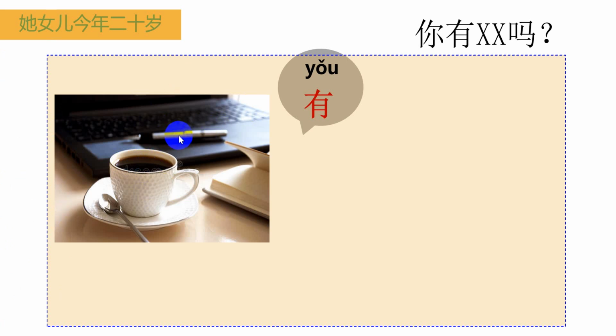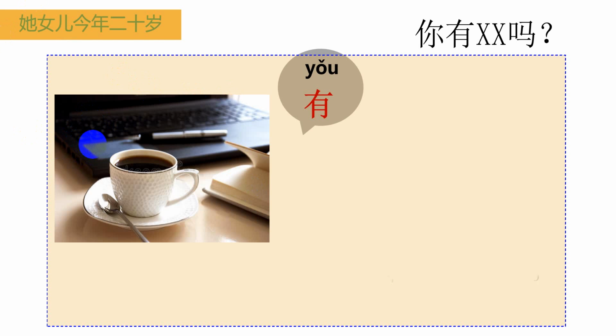For this one, 这是笔. Now we can say 有笔. 有笔, 有咖啡, 有笔. How about this one? 有什么? 有书. Yes, good. 有书. Okay, this one, the laptop, we will say 笔记本电脑. Yes, 笔记本电脑, laptop.